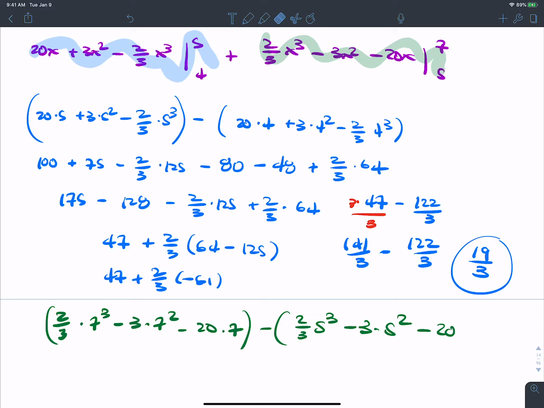Okay? You guys okay with that? Double check that in green here.